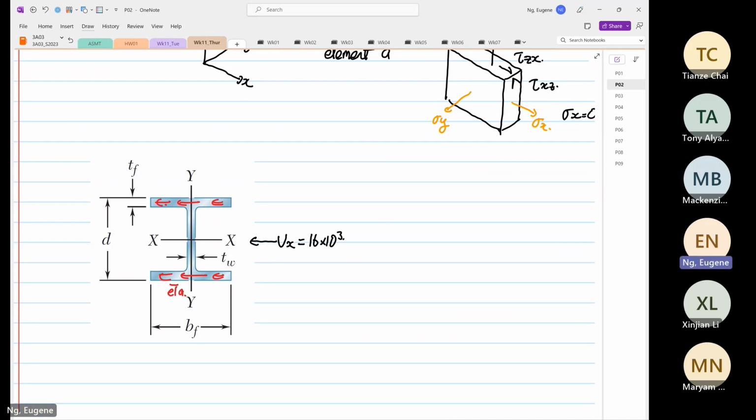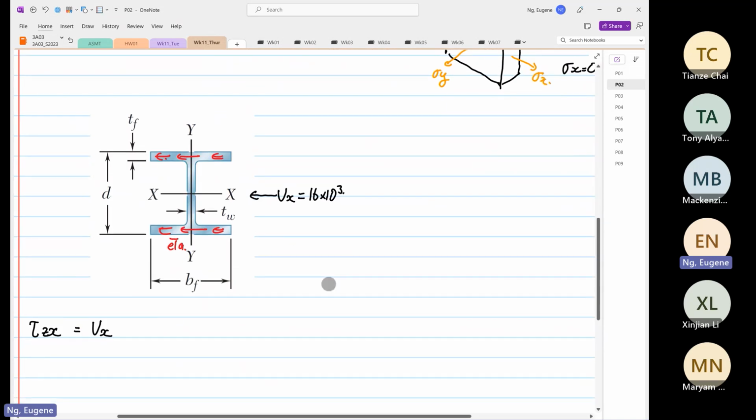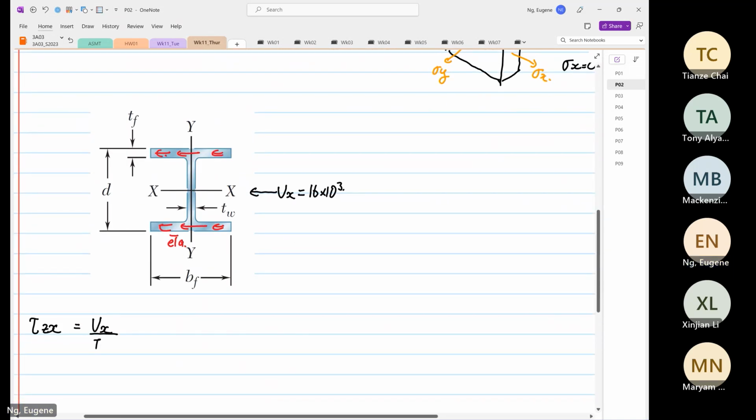Now we have to find the shear as noted. We are looking for the shear ZX. For this case, we are going to use Vx, and we immediately know that this is Iyy, first moment of area about the y-axis, and then divided by t.